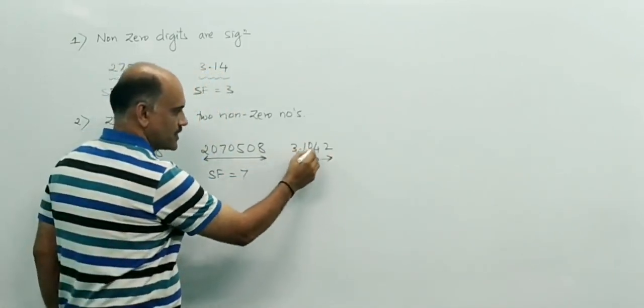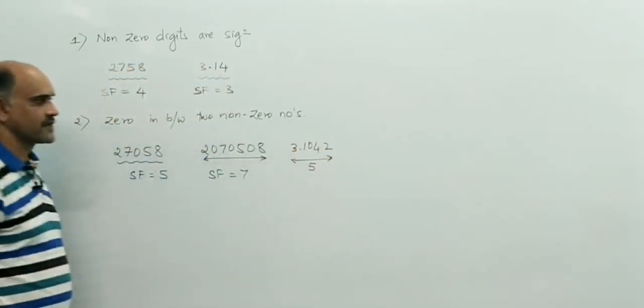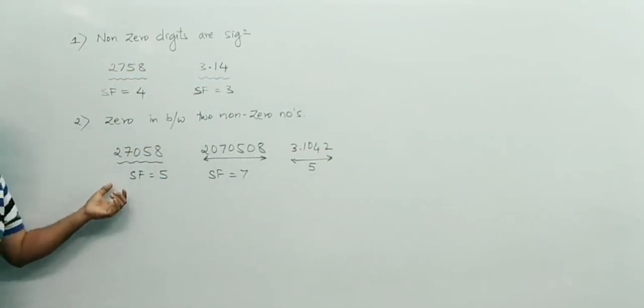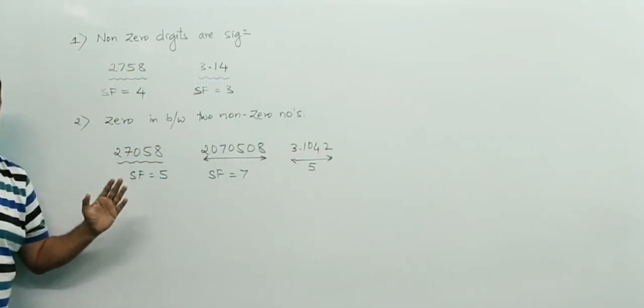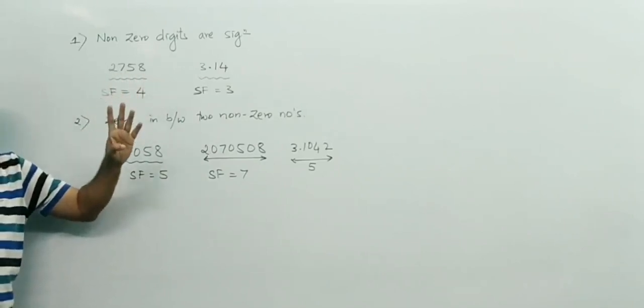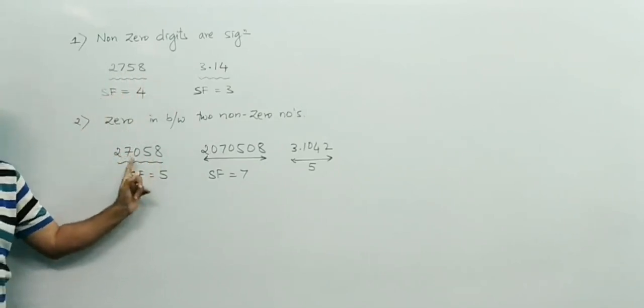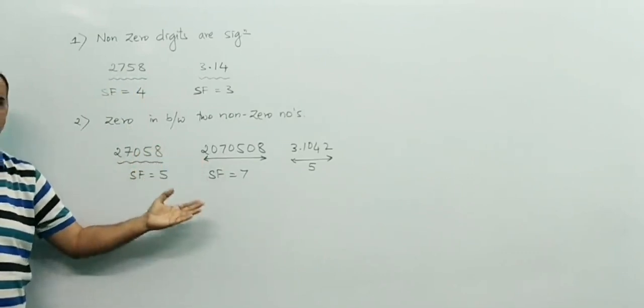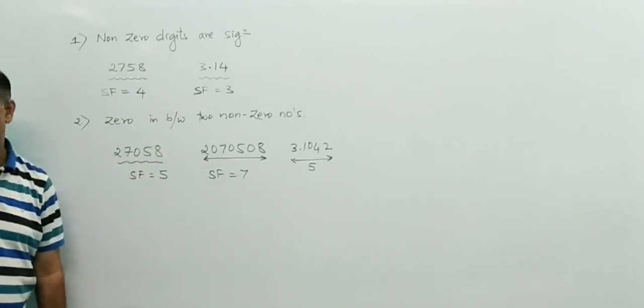So 1, 2, 3, 4, 5, the significant figure is 5. This is the second rule. Clear, students? First, all non-zero digits you are required to count. Second, if 0 comes in between non-zeros, you are required to count that digit also.